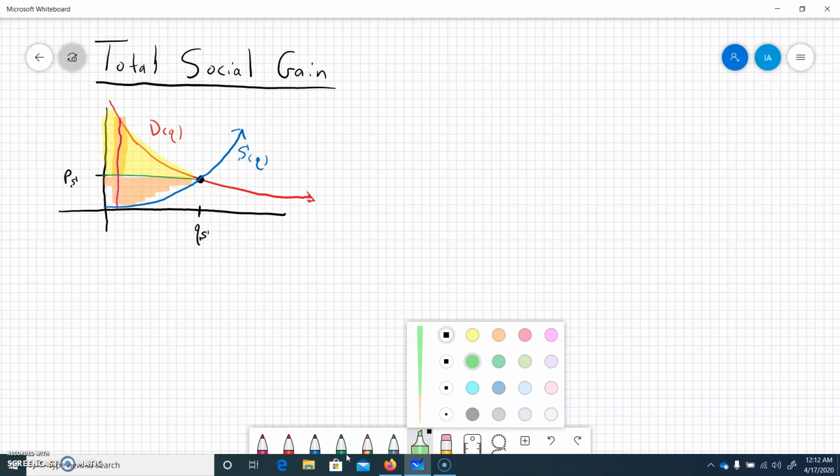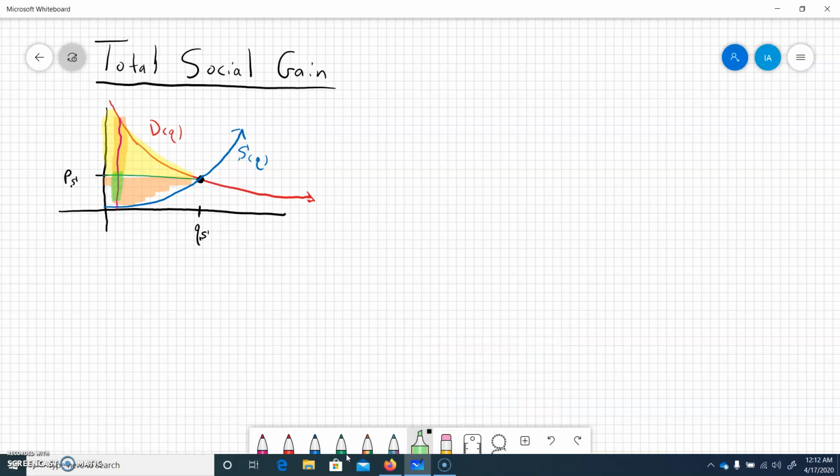Okay? And then similar down here, we have the producer surplus. So the producer was willing to sell at this low price point a few items, but because people were willing to pay more, they actually gained money. So up here in the yellow, this is money saved by the consumer.